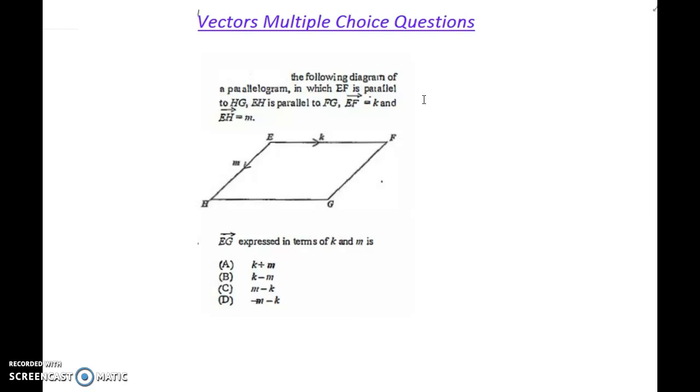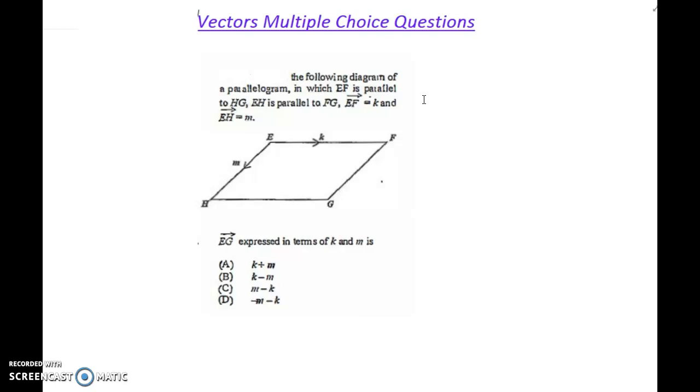So let's look at it together. The diagram below is a parallelogram, and it says EF is parallel to HG, and EH is parallel to FG.